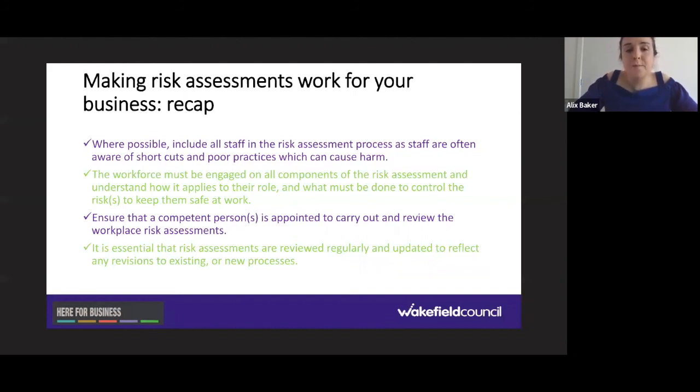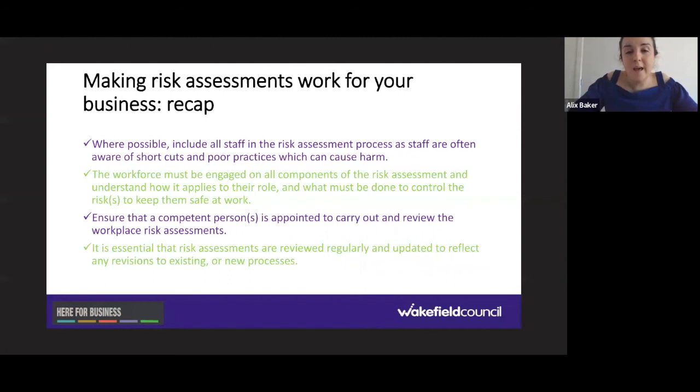The workplace must be engaged on all components of the risk assessment and understand how it applies to their role and what must be done to control the risk or risks to keep them safe at work. So again, think about how you, as the person who's engaging the team on the risk assessment, what type of forums are you using to keep people engaged?